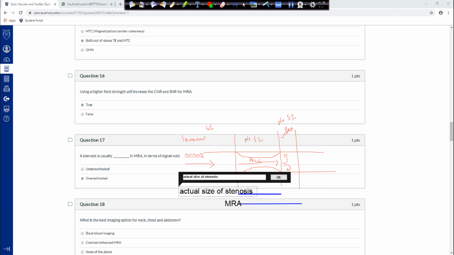Okay? So you can see here how our area of no signal is longer than the actual stenosis. Okay? So we're overestimating most of our areas of stenosis.